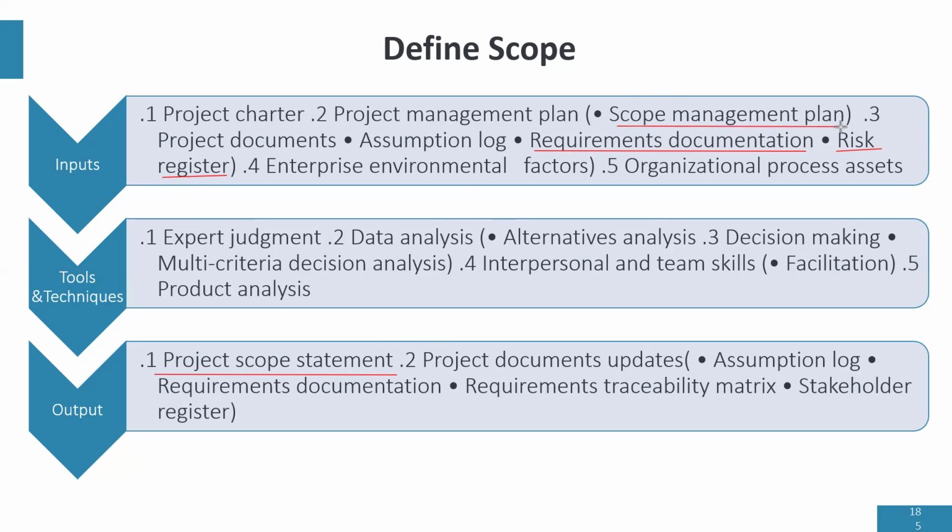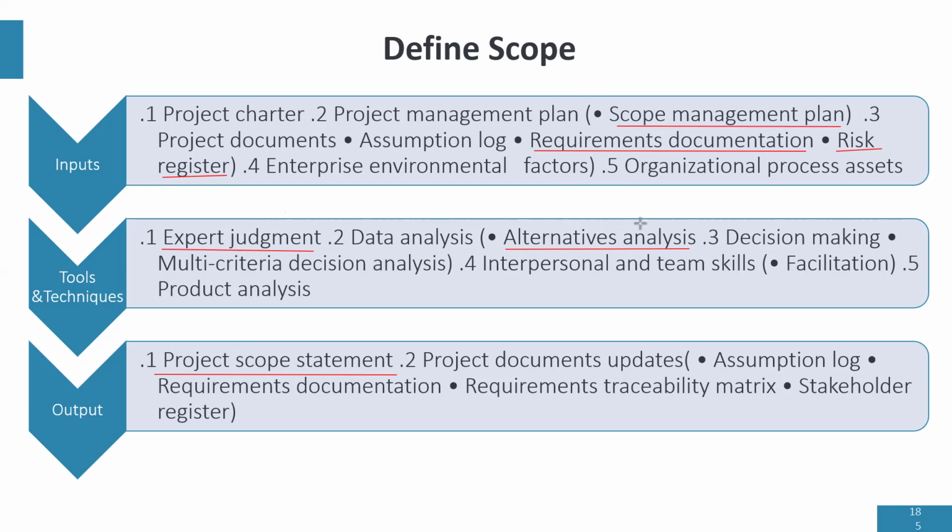Because the scope management plan helps us to create the scope statement. So an expert, someone who has knowledge of the application area or industry, can help us to create a project scope statement. We also have alternative analysis.